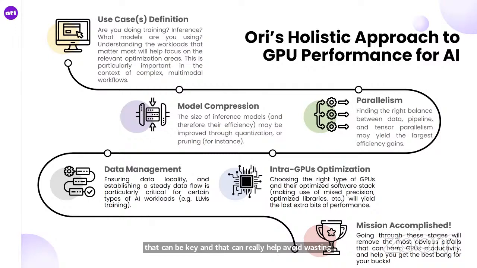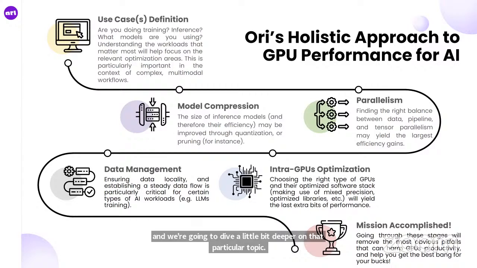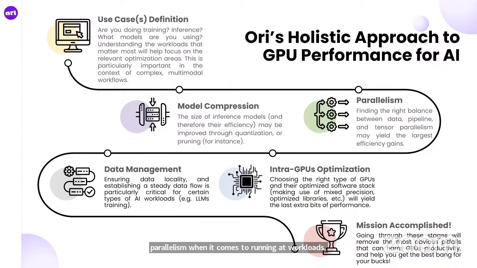Another important aspect is really around parallelism, and we're going to dive a little bit deeper on that particular topic in the subsequent slide. But there are multiple forms of parallelism when it comes to running AI workloads. We've got data parallelism, pipeline parallelism, tensor parallelism, and obviously any kind of mixture of these. And these techniques of taking an AI model, taking the data set, and deciding how we're going to split the work across multiple GPUs, potentially multiple servers, is exceedingly important and has a very, very big impact on the efficiency of the GPUs.